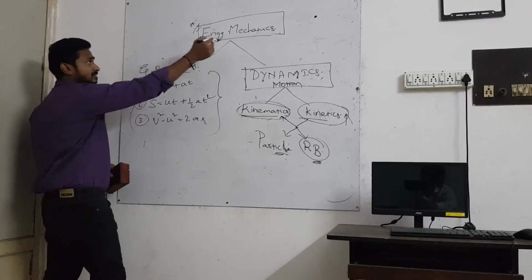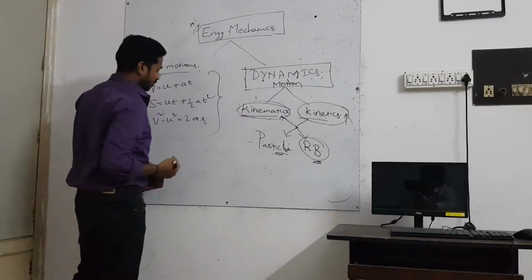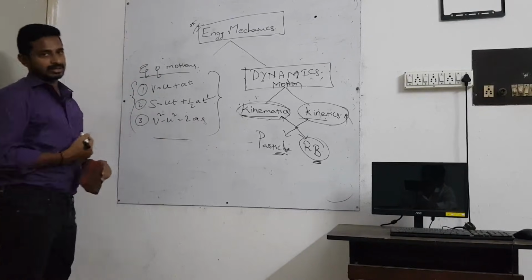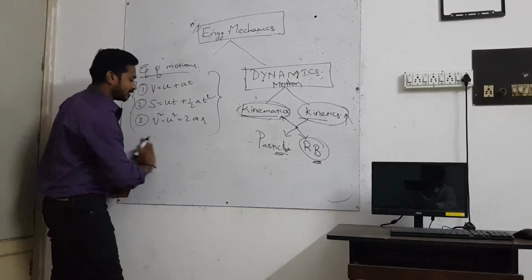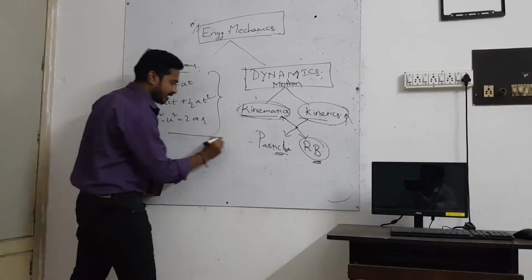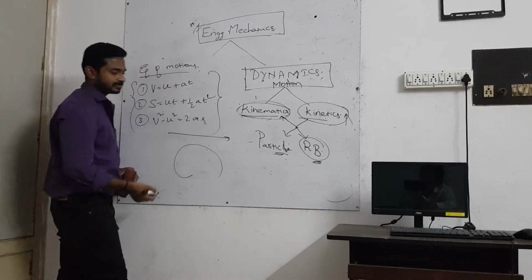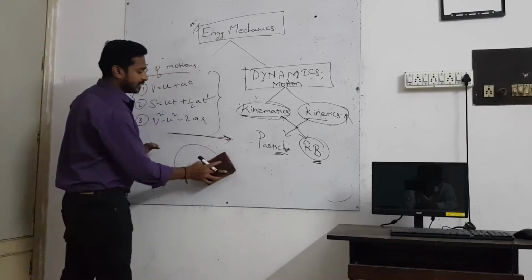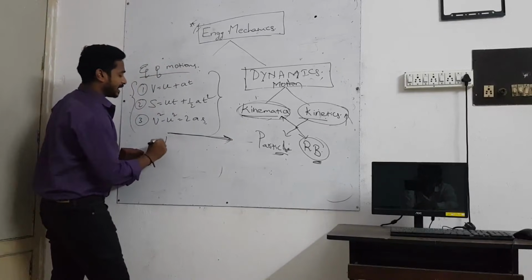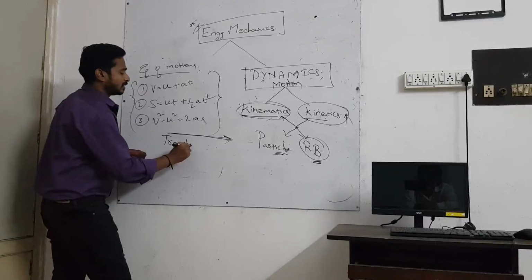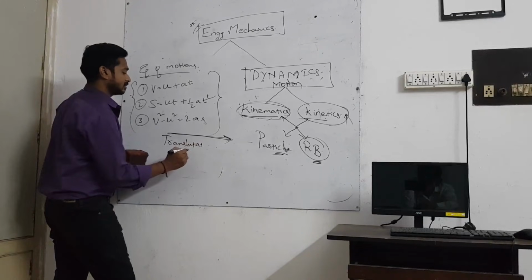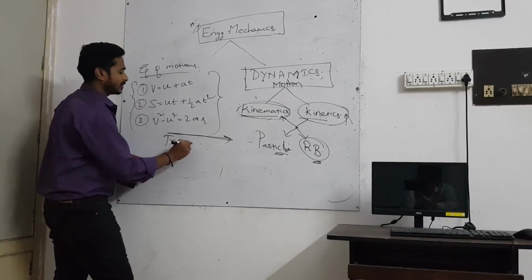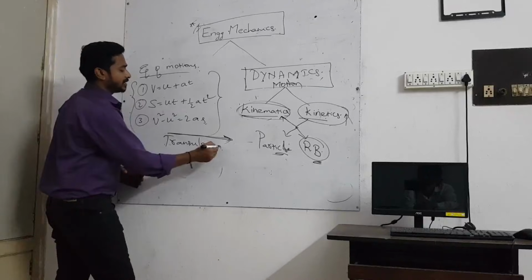This mechanics, of course, is dealing with dynamics, whether the body is moving. And now I have a doubt, and you have a doubt: is the body moving in a straight way or in a curved way? If the body is moving in a straight way, then it is called translation.